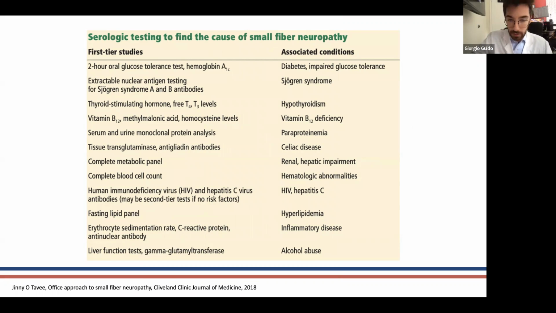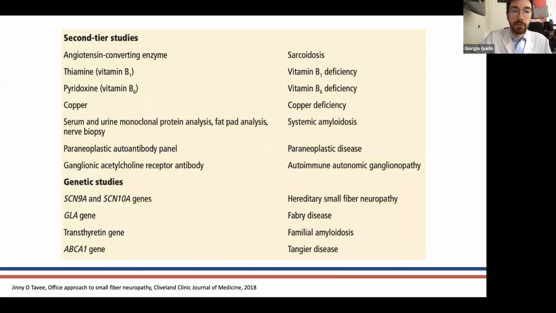We can check for SSA and SSB, vitamin B12, etc. Of course, some tests, for example celiac disease testing, will be done if there is clinical evidence of celiac disease. And then we have other tests that can be done, and even genetic studies if the cause is not found.